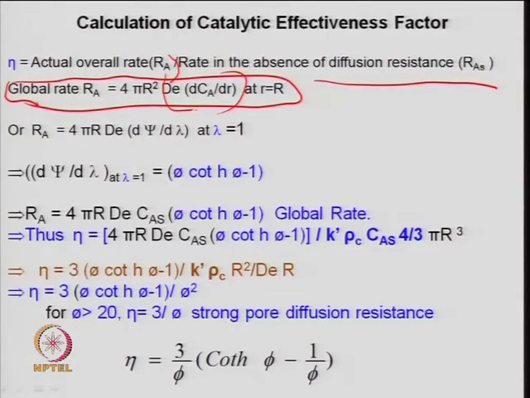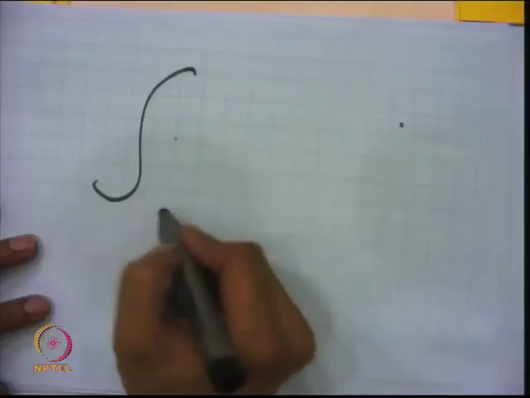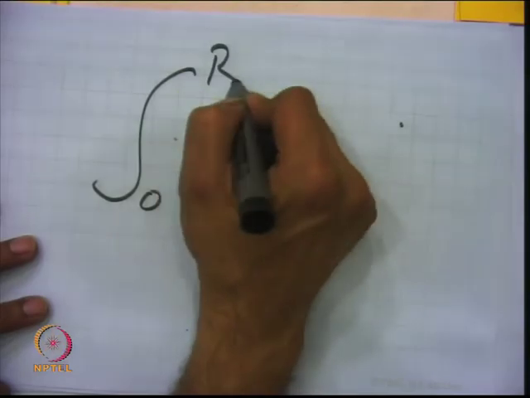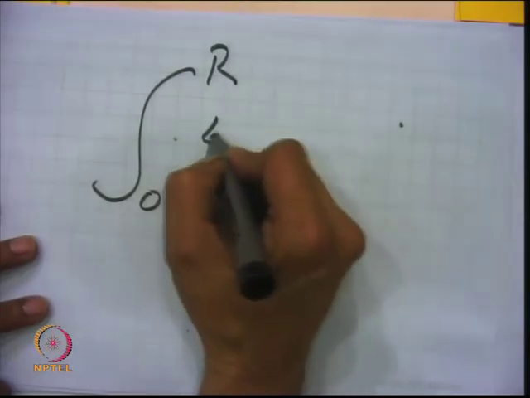In that case, your global rate RA is defined, if you write it in terms of the flux, again choice is yours. The first expression I told you, you integrate the expression, because concentration is changing from 0 to R.